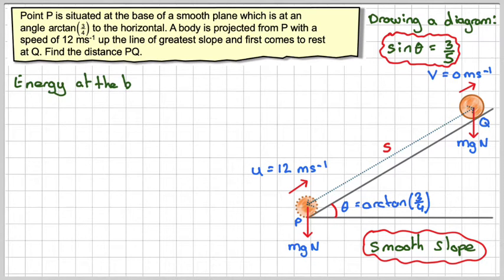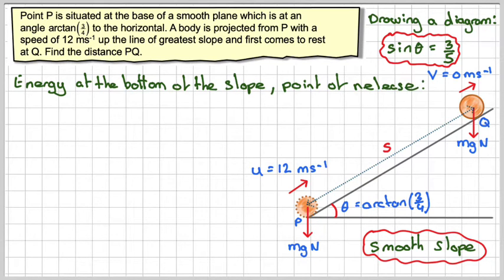So the energy at the bottom of the slope, which is the point of release, will be the initial kinetic energy plus the initial potential energy. That's going to be a half mu squared, because normally we say v squared, but here the velocity is 12, so we're going to use u, plus mgh.